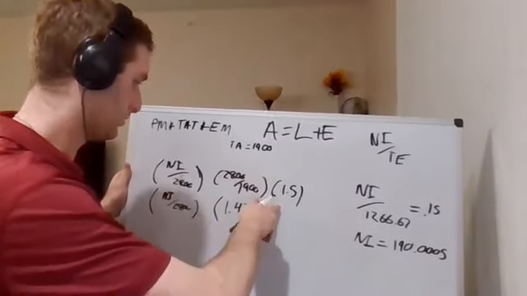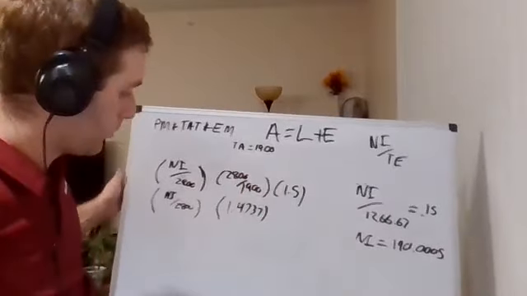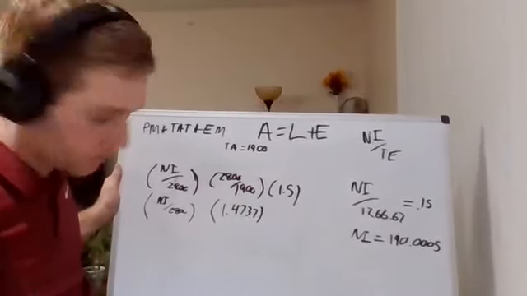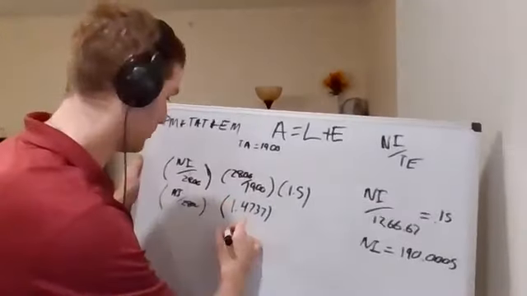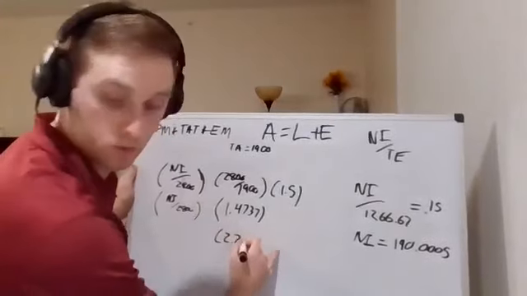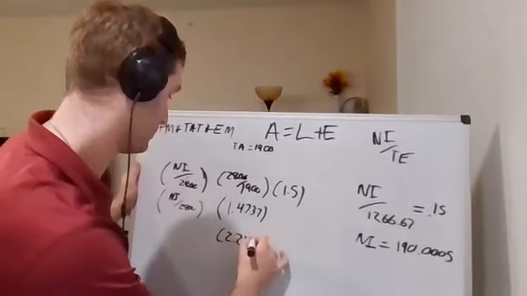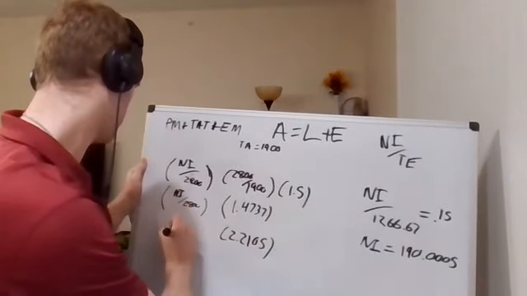Right, so let's multiply these together, which gives us 1.4737 times 1.5, which gives us now 2.2105.